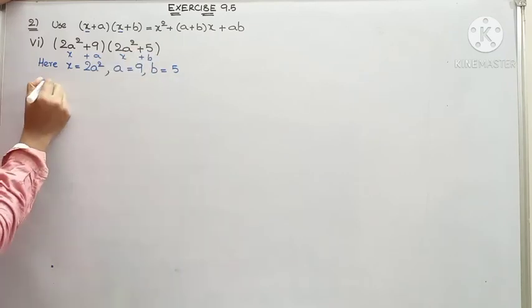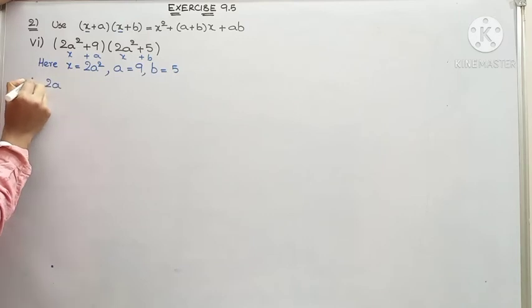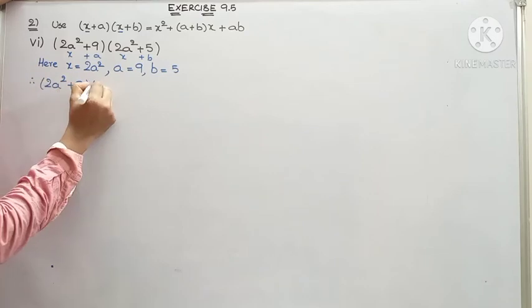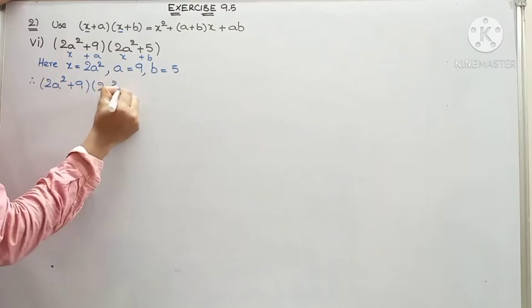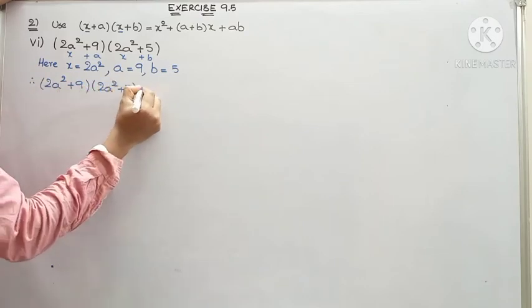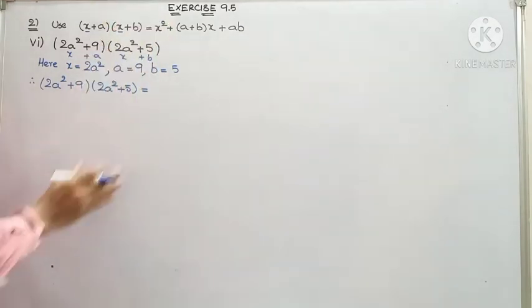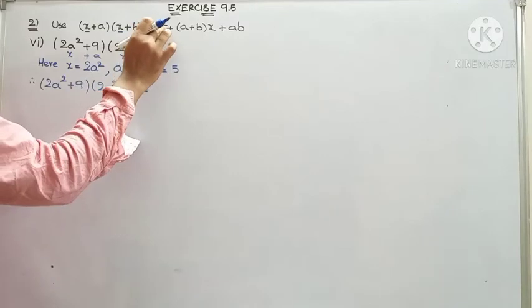Now, therefore, (2a² + 9)(2a² + 5) is equal to x², the square of the x term.